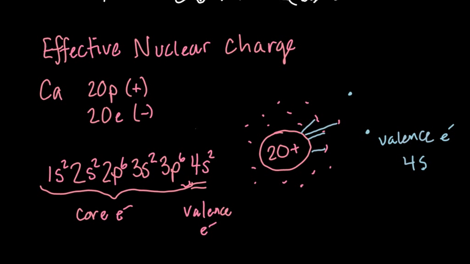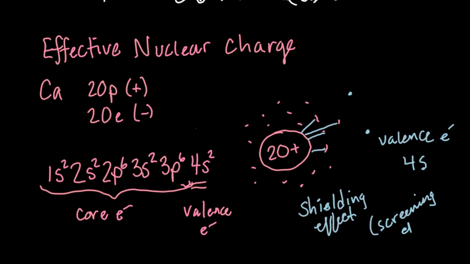And what we say is that the core electrons are going to have a shielding effect, or sometimes it's called a screening effect. What that means is that it's basically protecting these valence electrons from feeling the full force of the 20 protons in the nucleus.